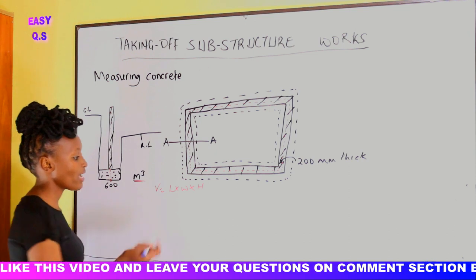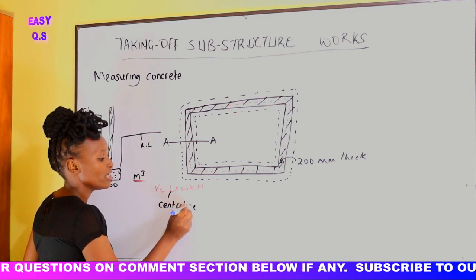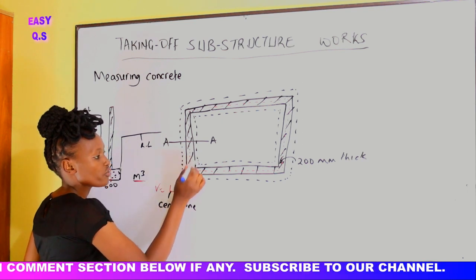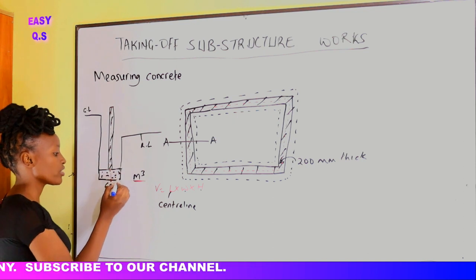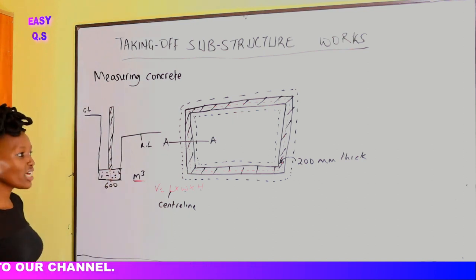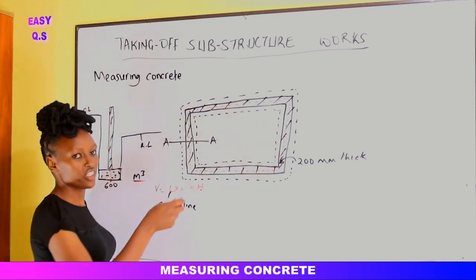The length here is the center line. The width is the width of the trench. Then the height is this thickness of the concrete. Right? So that will be the volume of the concrete inside the trench.